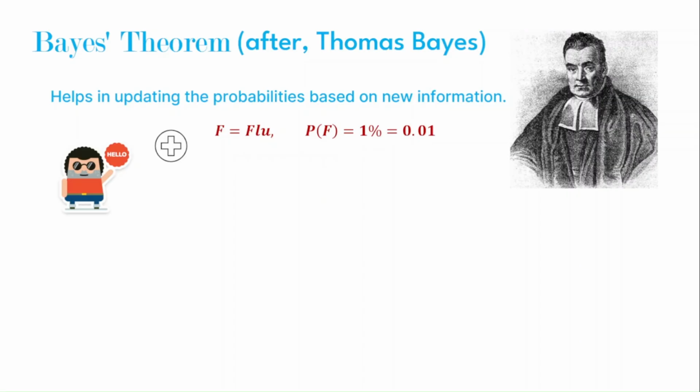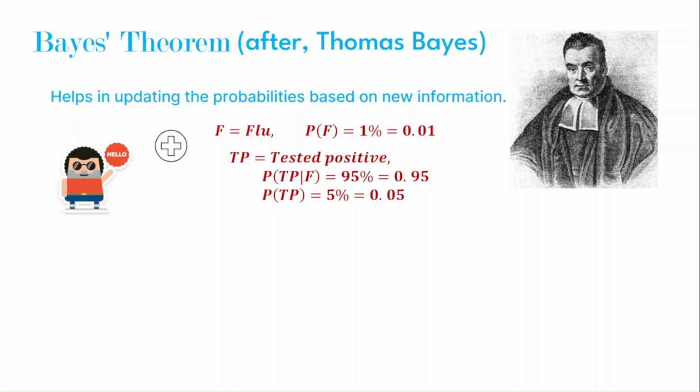So, Ryan decided to take a test and the test is 95% accurate in identifying the flu. If TP is the event of being tested positive during the test, we have given that probability of being tested positive given the flu is 95%, or 0.95. Now assuming the probability of being tested positive to be 5%.